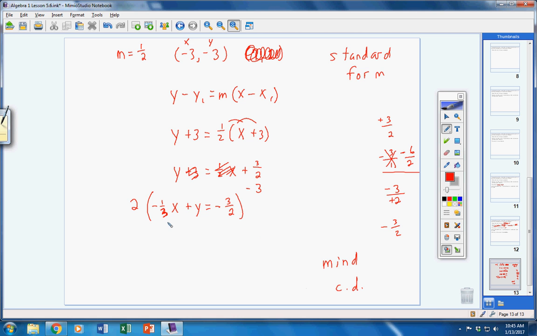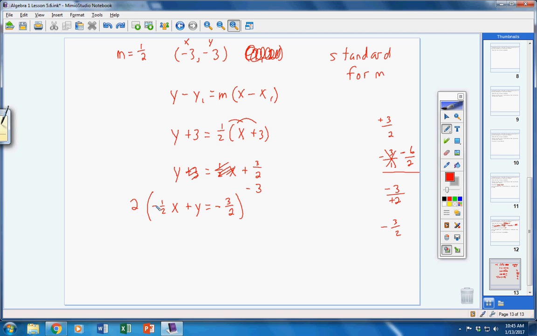For example, if this was a 3 and this was a 2, what's a common denominator for 3 and 2? 6. So you would multiply the entire equation by 6. Now in this case, we don't have to worry about that because my fractions have the same number, 2 and 2, so multiply everything by 2.